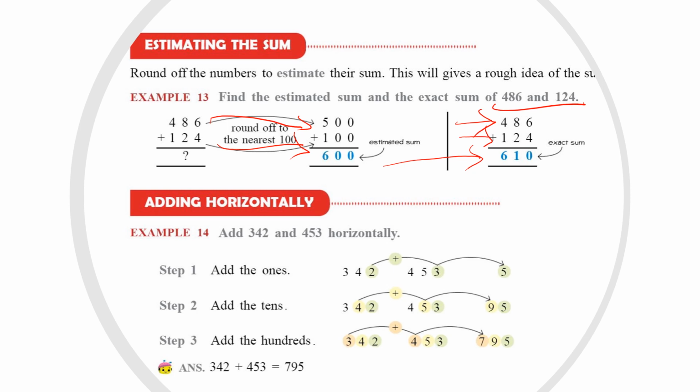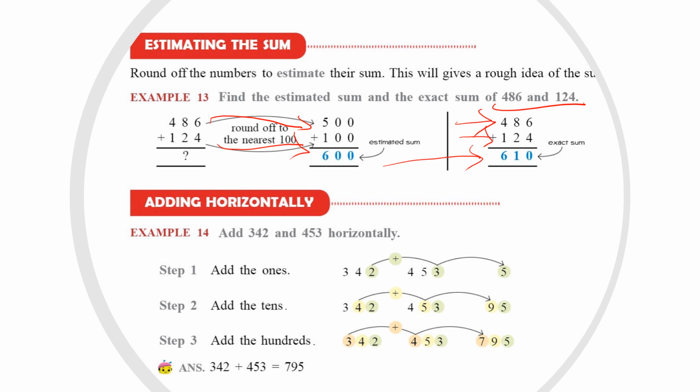This is how you have to find the estimated sum and the exact sum. For the estimated sum, we round off the numbers to the nearest 100 and find the estimated answer. For the exact answer, you write the numbers and find the exact answer.